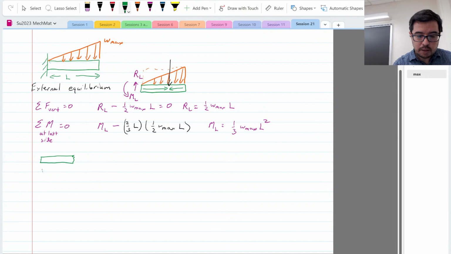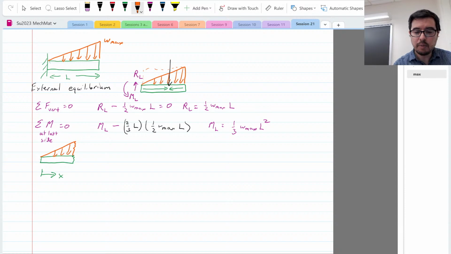So now we've got X like this, we've got our distributed load also being cut, and we have our external forces at the end. So we have our RL and we have our ML. So this is for internal.